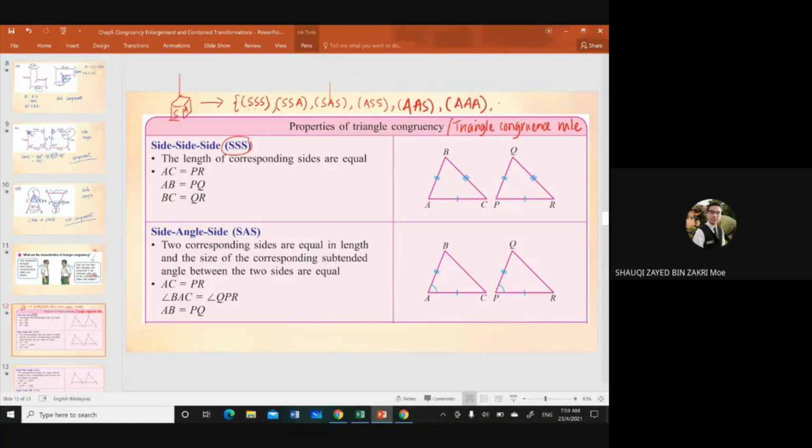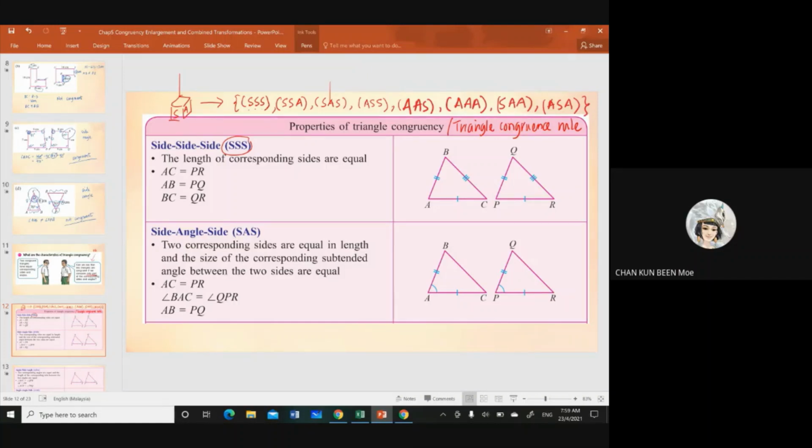S, A, A. Yes, correct. Any other? A, S, A. Yes, correct. Is there any repetition or not? No, I think that's all right. Okay, so these are the possible outcomes.